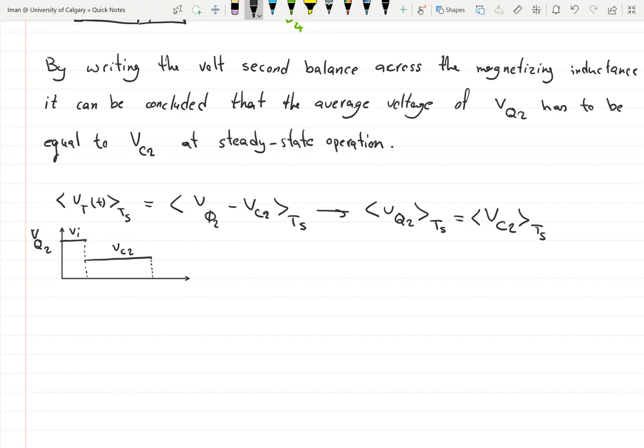Then when Q2 turns on again, it's equal to 0 again. Then when Q2 turns off, it goes back to VC2. And then it repeats the same procedure.